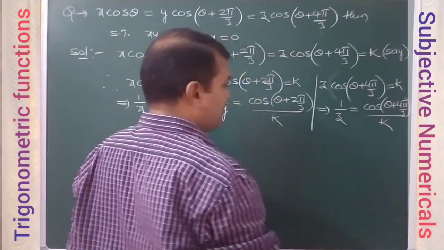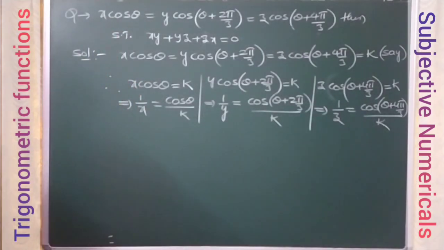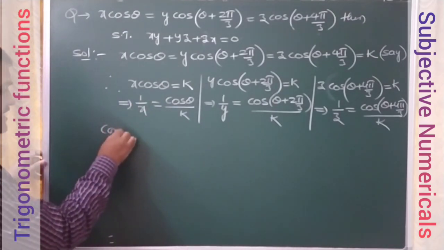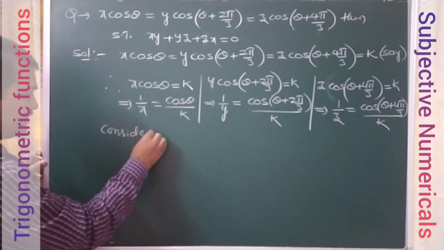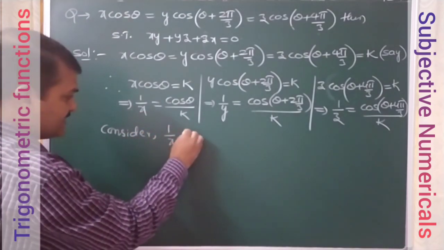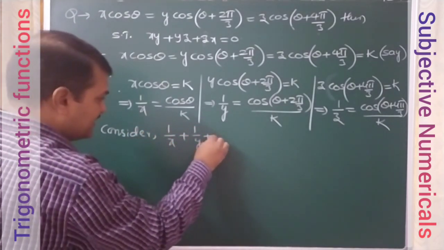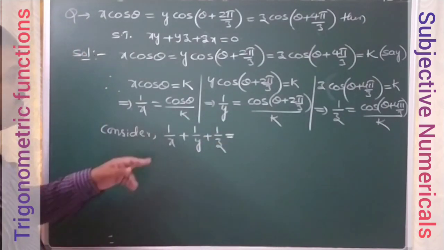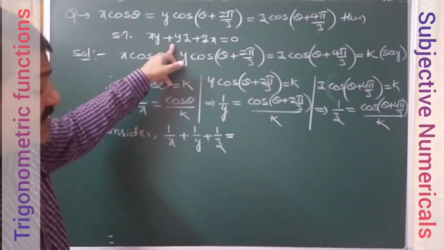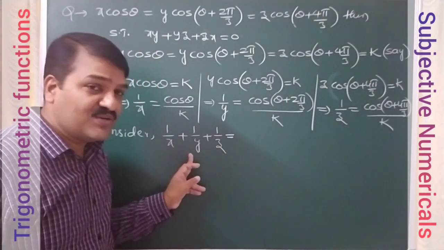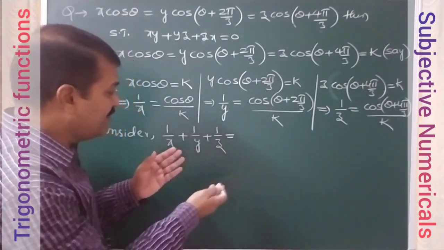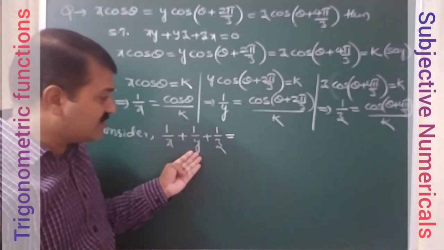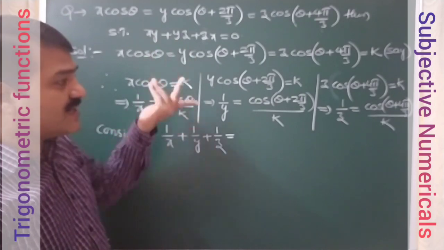Why am I writing 1 by x, 1 by y, 1 by z? I will take 1 by x plus 1 by y plus 1 by z here. Why do we take this? We have to prove xy plus yz plus zx is 0. If we prove this as 0, by taking LCM you will get this automatically.